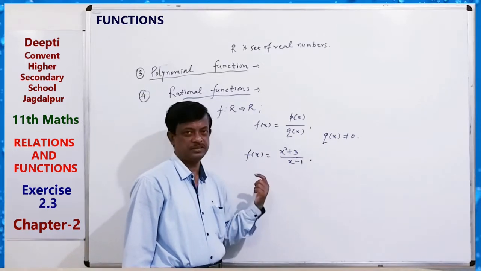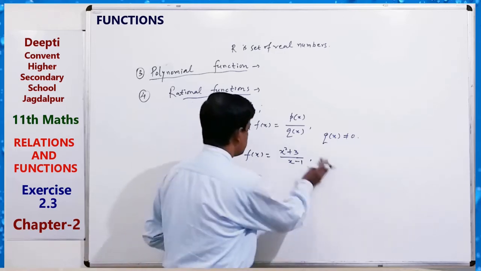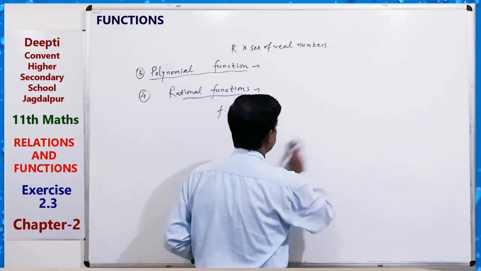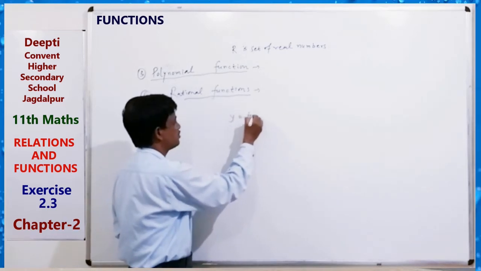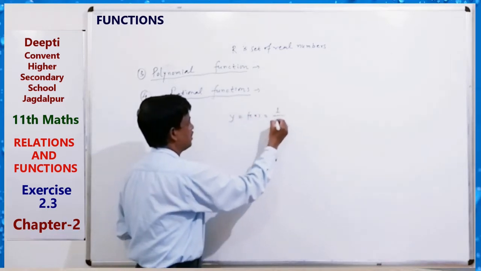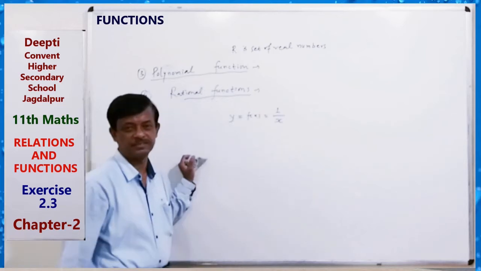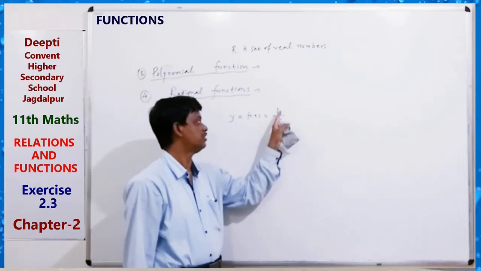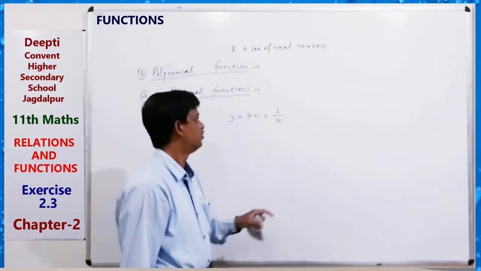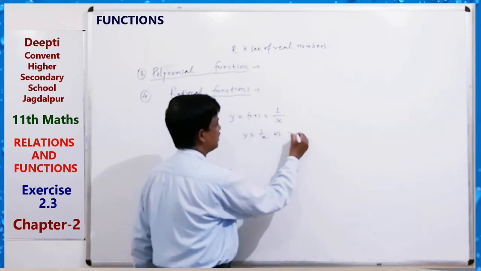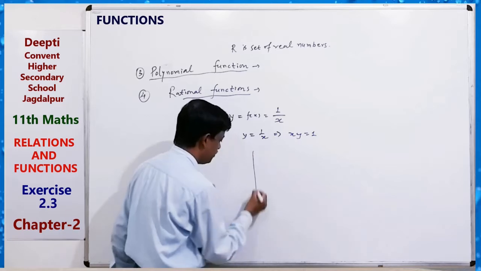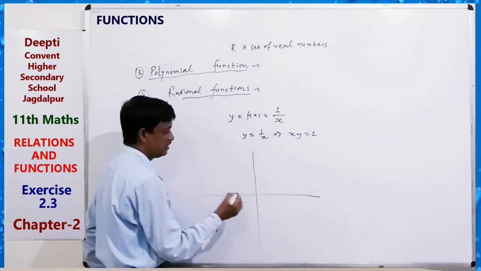Clear? So, here is a graph of a rational function. Just suppose y equals f(x) equals 1 upon x. This is also a rational function, because the numerator is a 0 degree polynomial and the denominator is a 1 degree polynomial. So y equals 1 by x, that means xy equals 1. Remember its graph. Very interesting graph.